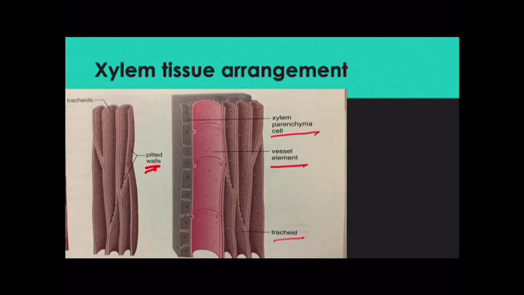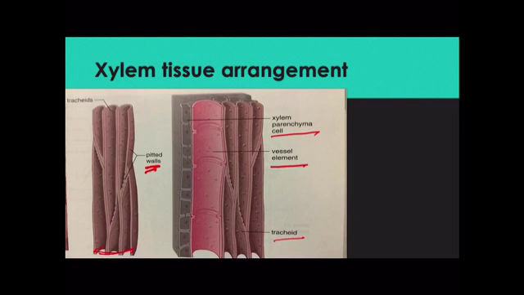Some are annular, having lignin thickening deposited in the form of rings at regular intervals. Some have lignin in the form of spiral, reticulate, scleriform and pitted. So these types of tracheids are present, and tracheids are responsible for conduction.